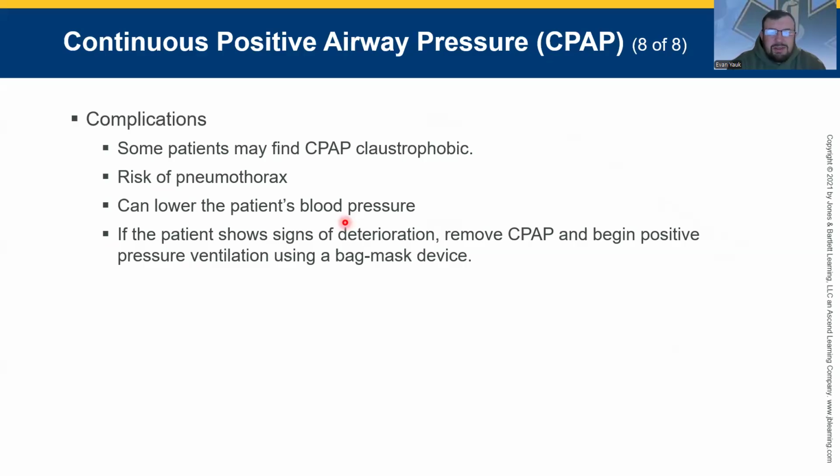We can get air outside of the lung, which is going to put pressure on the rest of our organs and lower that blood pressure. If at any time the patient starts to deteriorate or it's not helping, remove that CPAP and let's try to bag them.